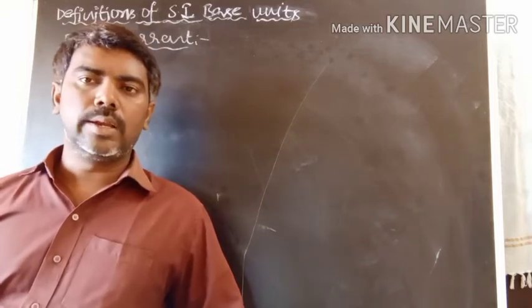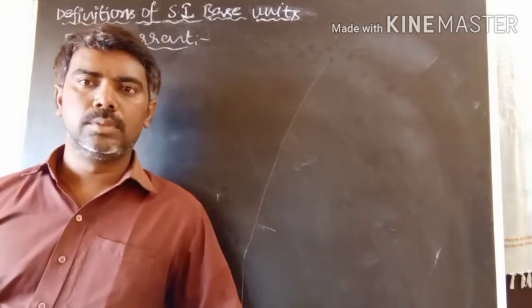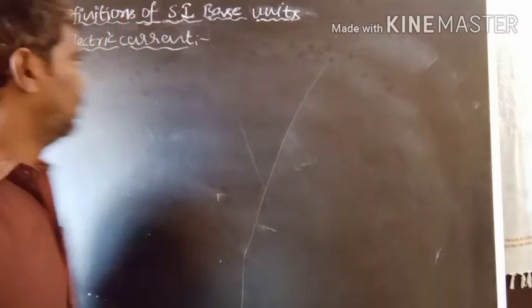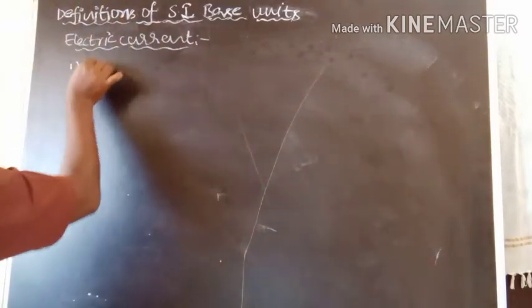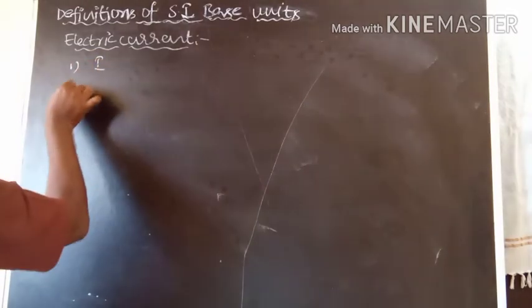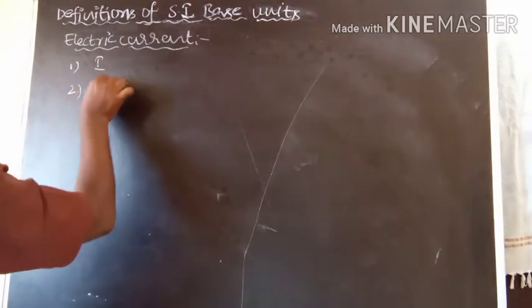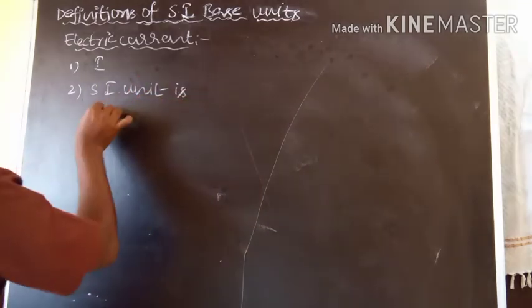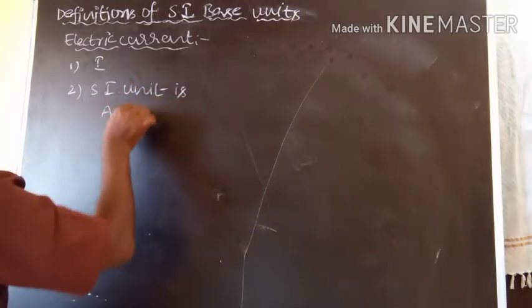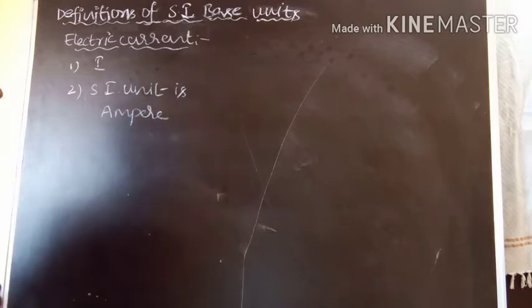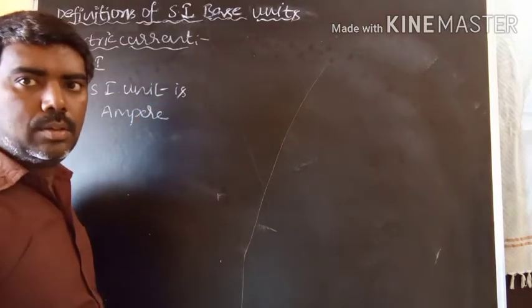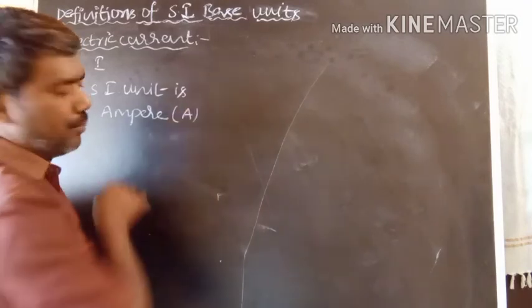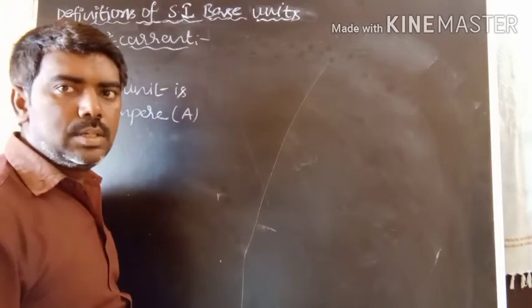The SI unit of electric current is Ampere. Then what is the symbol of the Ampere? The symbol of the Ampere is A.